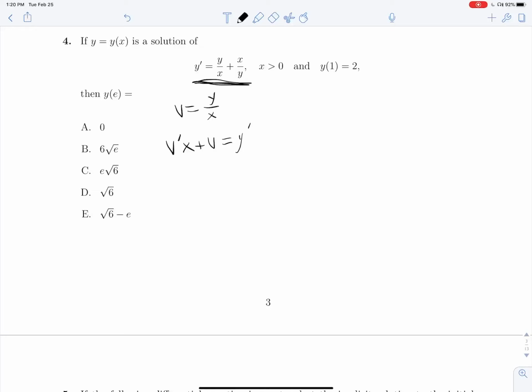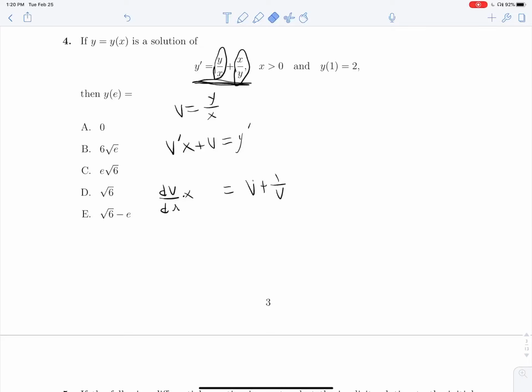Okay, so let's get going with this. Y prime will become dv dx, x plus v. We're setting that equal to, well, if v is y over x, that's going to become v. This will become 1 over v equals v plus 1 over v.